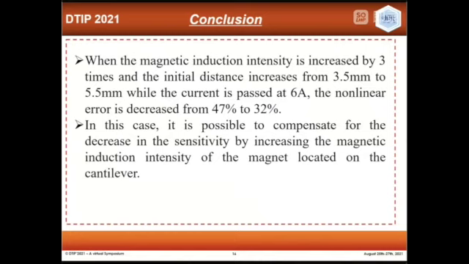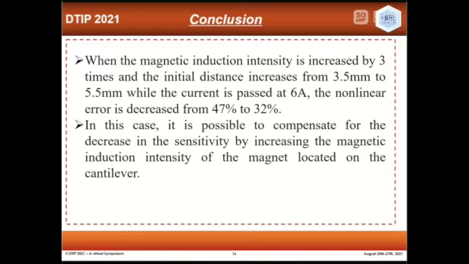In this case, it is possible to compensate for the decrease in the sensitivity by increasing the magnetic induction intensity of the magnets located on the cantilever, and the effectiveness of the scheme has been proved by the experiments.